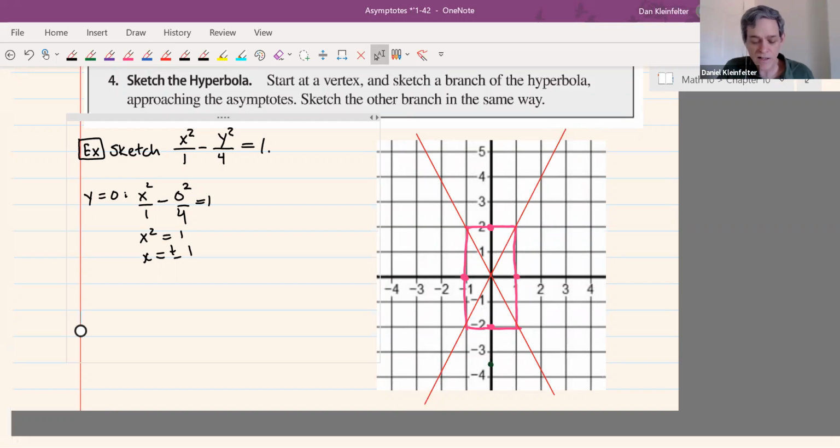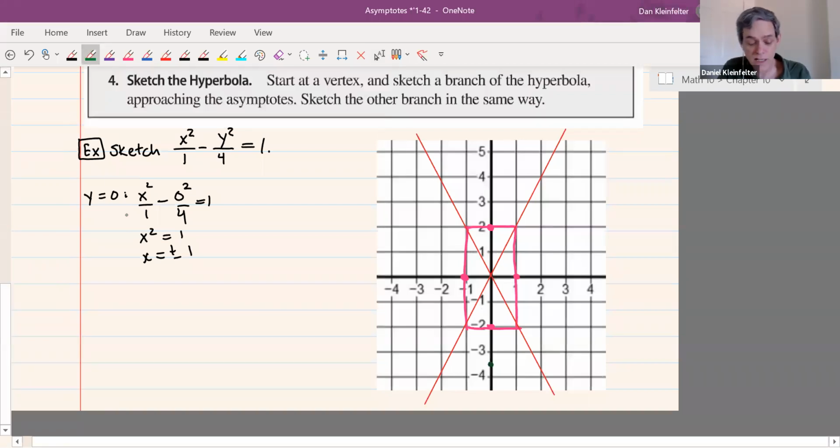So then we need to just figure out, is this thing going to be side opening or up down opening? And we saw that the intercepts were plus or minus 1, 0, right? So the two vertices are negative 1, 0 and 1, 0. So then from there, basically you want to draw the curve so that it goes out towards the asymptotes.